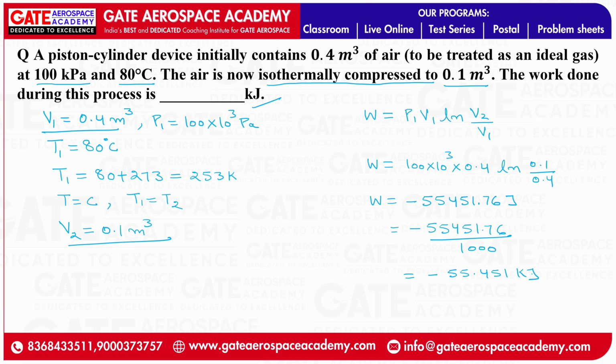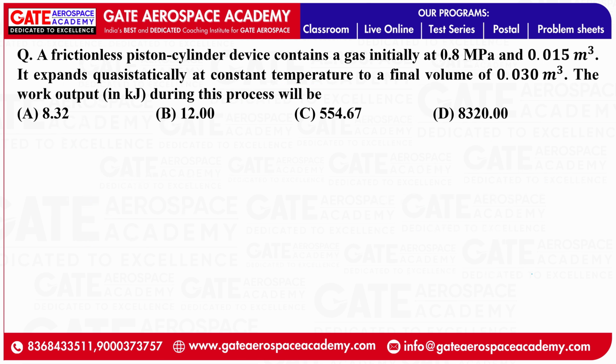Correct? Now if you understood this, I am giving you one homework problem. A frictionless piston cylinder device contains a gas initially at this much pressure. So this is P1, 0.8 megapascal.